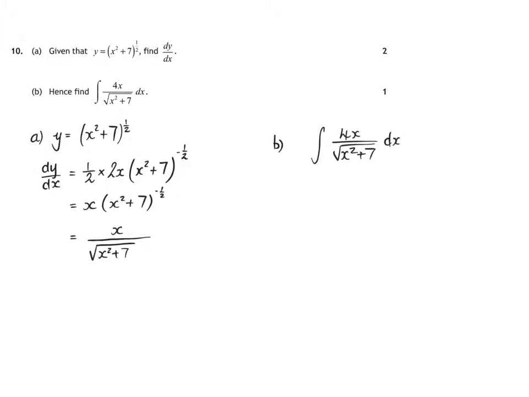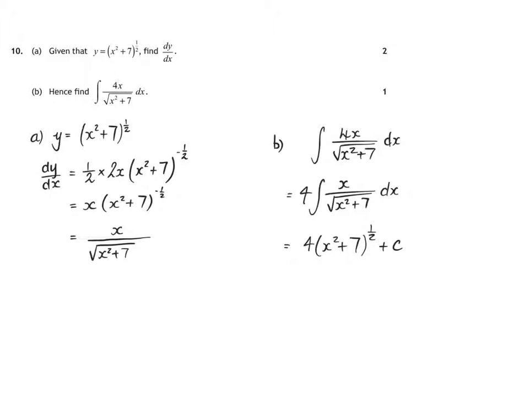If we think about that, it's just like 4 lots of the integral of x over the square root of x squared plus 7, because when we integrate we can take out a constant. So it's going to just be 4 times (x squared plus 7) to the half plus c. So that's it for question 10.